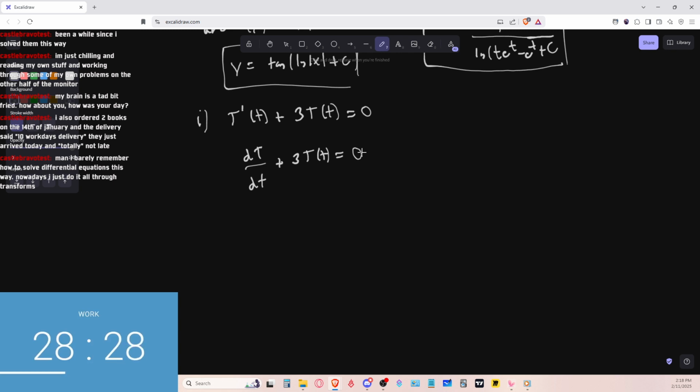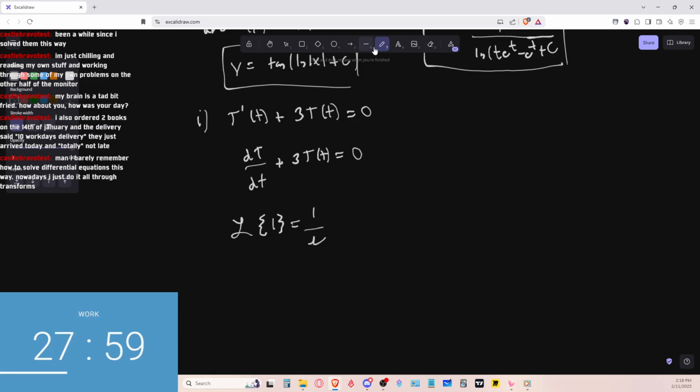Oh well, at least you know how to do it through transforms. Actually, online I've been learning about Laplace transforms. I didn't do any problems involving them yet, but I did learn that the Laplace transform of 1 is 1 over s.